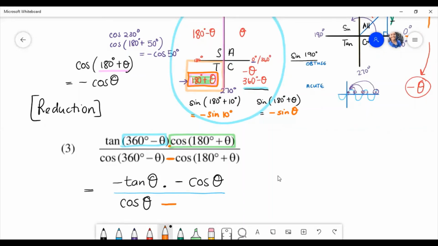I keep the negative that separates my term. And now I go to cos 180 plus theta. Now cos 180 plus theta is again situated here. Therefore, I indicate it within a bracket because it turns into a negative cos of theta.